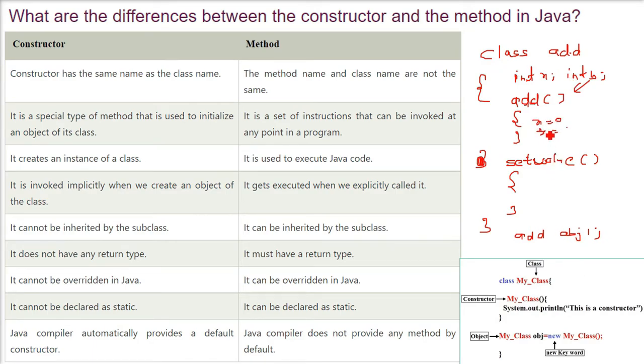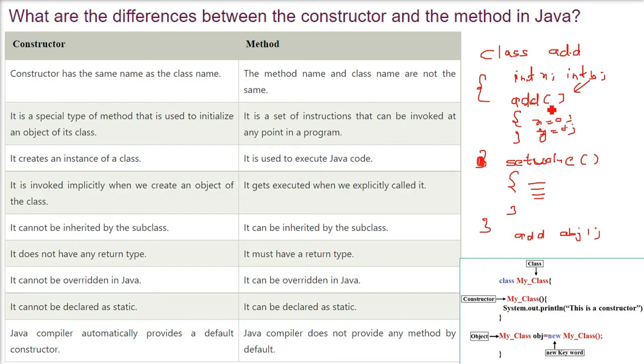You put x equals y equals 0. So whenever you make an object of this class, this x and y will automatically be 0. Okay, but a method is just certain instructions in Java or C++ that you want to execute. That will fulfill the action you want. That is the work you want to do by this class.